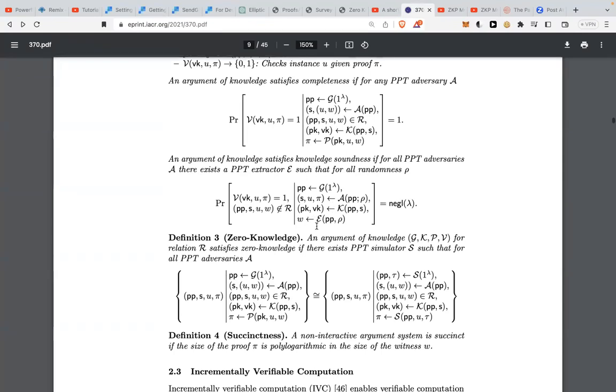If the extractor successfully extracts the witness, then the probability that the witness satisfies the relation R is obvious, it should be successful. So that means the opposite part, the unsatisfaction, is negligible.